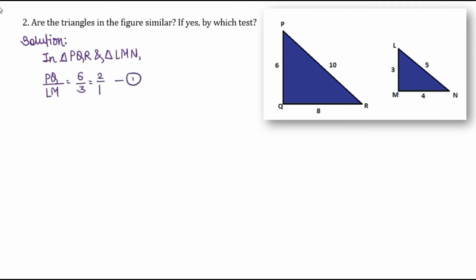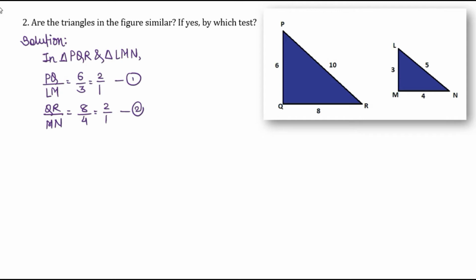This is equation number 1. Second, QR upon MN is equal to 8 by 4, which is again 2 by 1. This is the second equation.